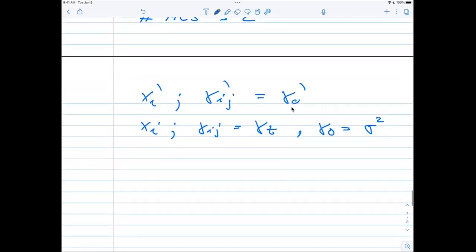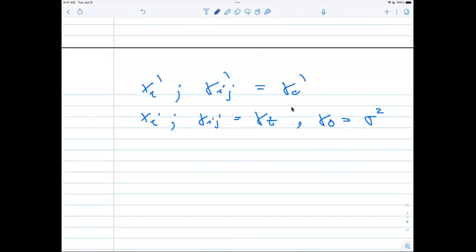And what Flyvbjerg and Petersen showed is that this gamma of t prime, when we perform the set of iterations, is given by 1/2 of gamma 0 plus 1/2 of gamma 1 when t is equal to 0. So that would be the first estimation of the standard deviation, where we actually calculate a gamma 1 here.